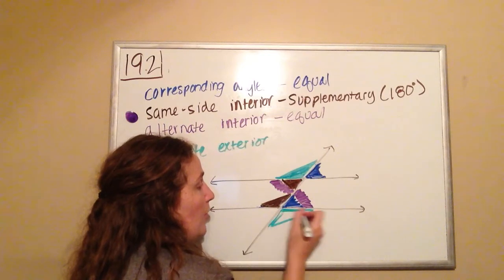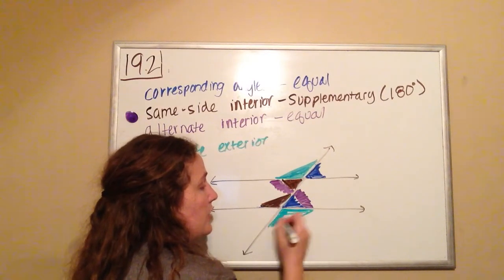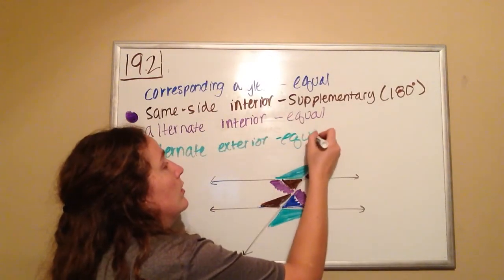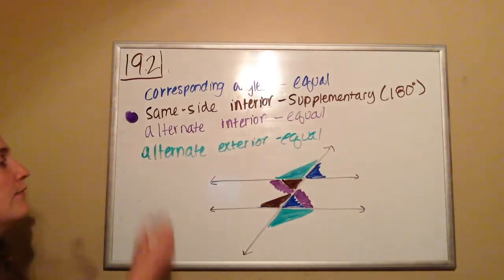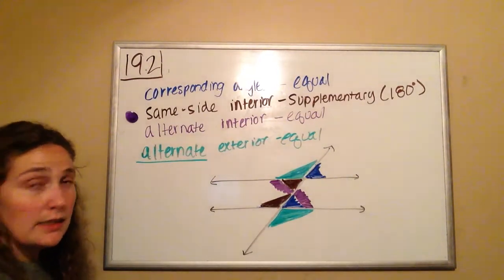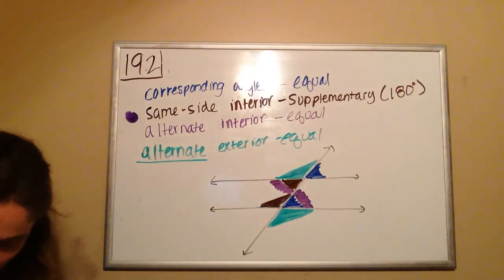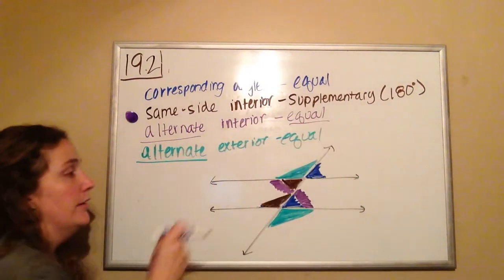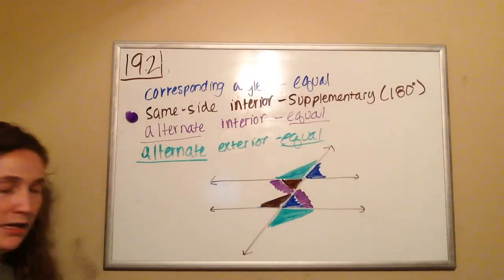You'll notice that these are both obtuse angles, and it actually turns out that both of these are equal. So if they are on the alternate sides, they are equal. Okay?